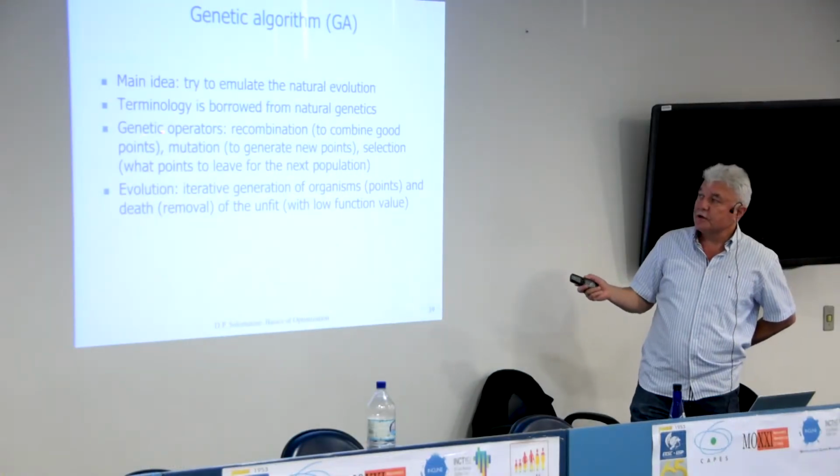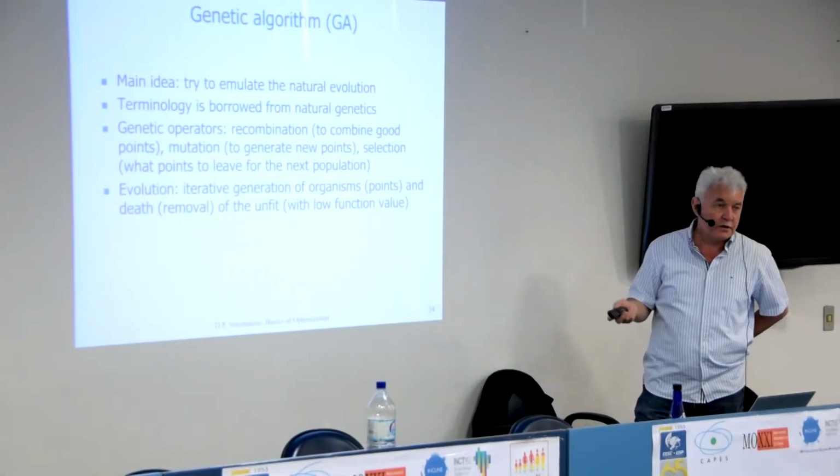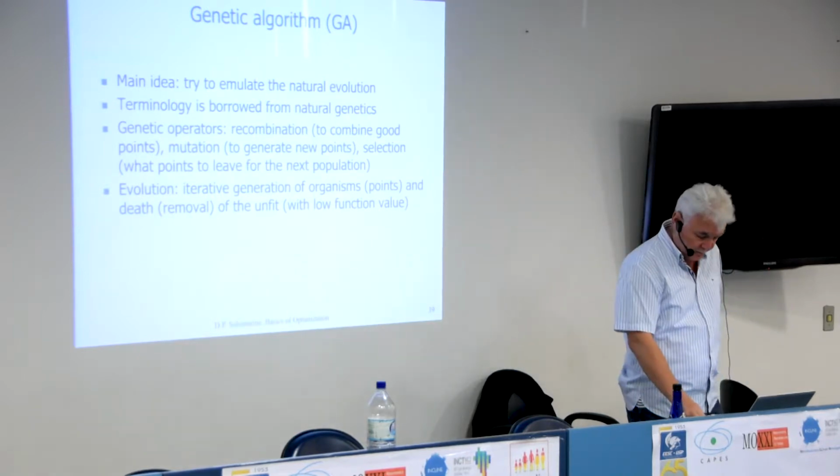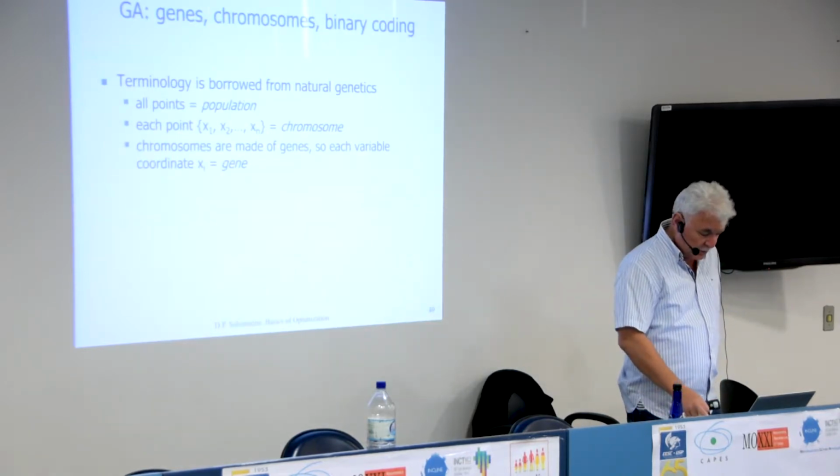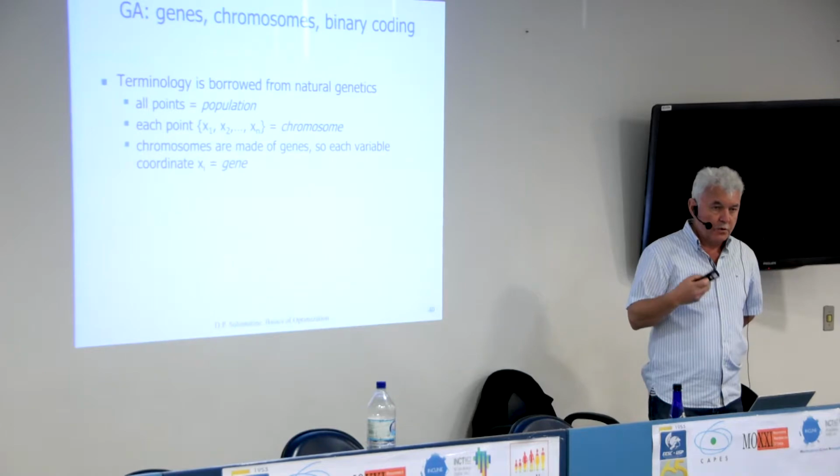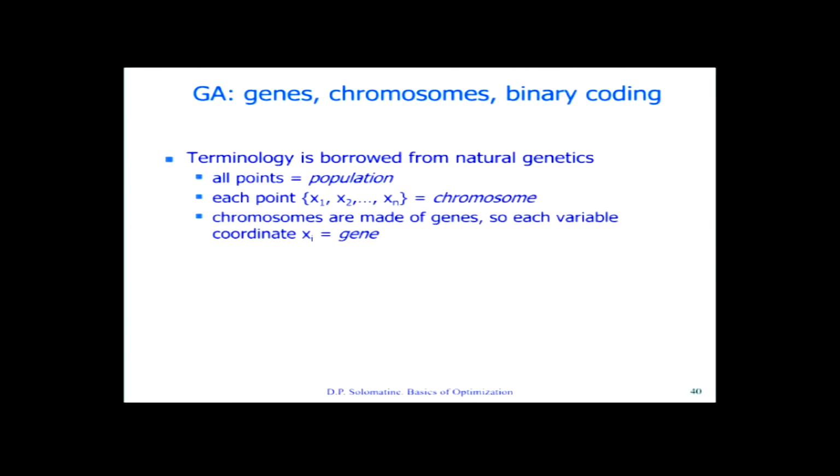One is called genetic algorithms, another is called evolutionary algorithms, which is more or less the same. We call all points a population, so there is a species which develops somehow, and each point, a vector x1 to xn of independent variables, is called a chromosome, fine. And chromosomes are made of genes, so each variable, each coordinate, is a gene, okay?